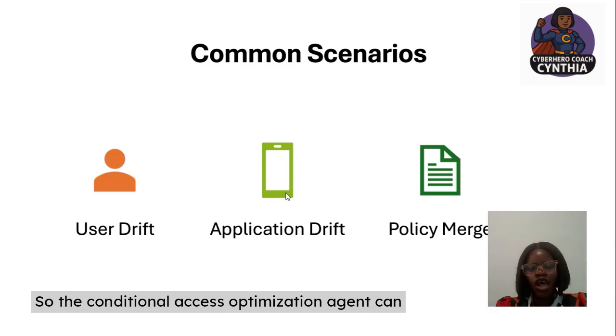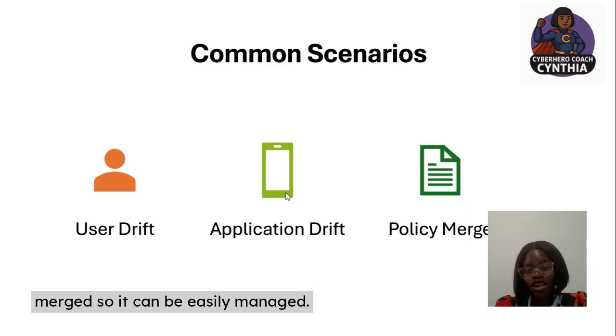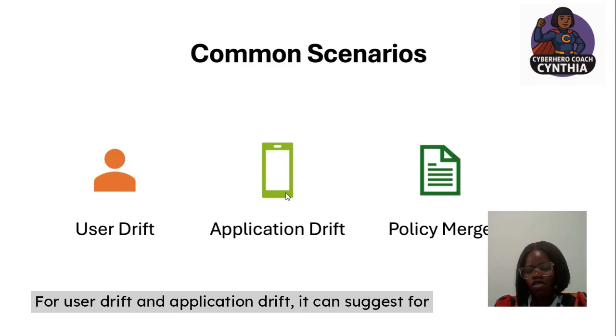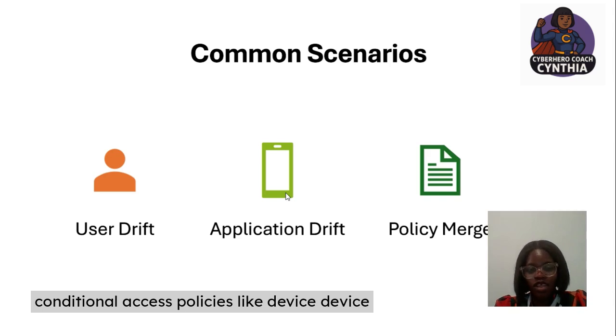The agent can suggest that similar conditional access policies be merged so they can be easily managed. For user drift and application drift, it can suggest that these applications or users be targeted using conditional access policies like device compliance and multi-factor authentication.